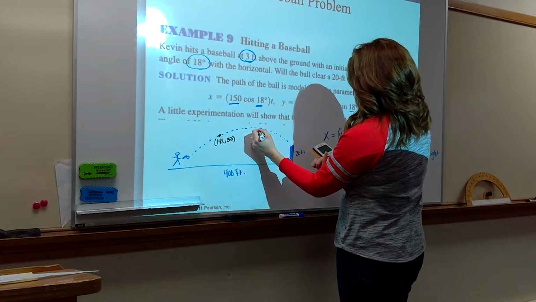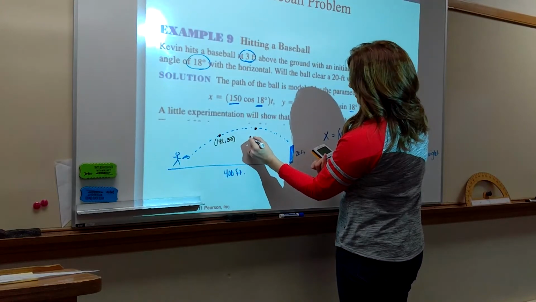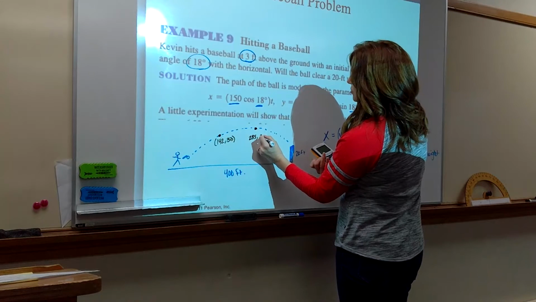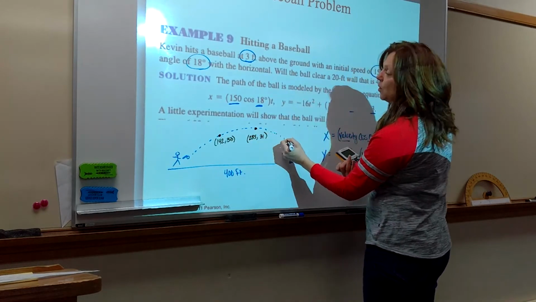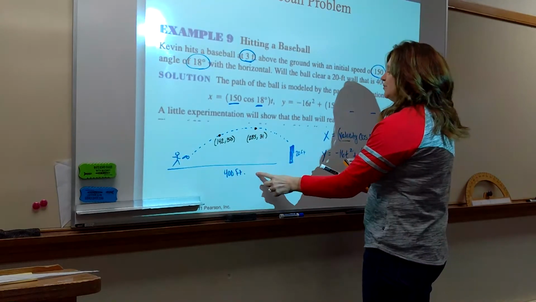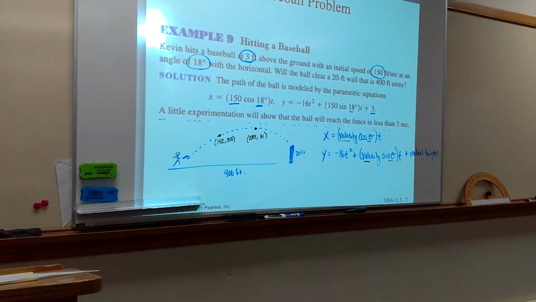Then the next second, and I'm just guessing where these go, 285 feet out and 31 feet high. So what's going to happen as it gets closer and closer to being 400 feet out? That's what you want to take a look at on your calculator.